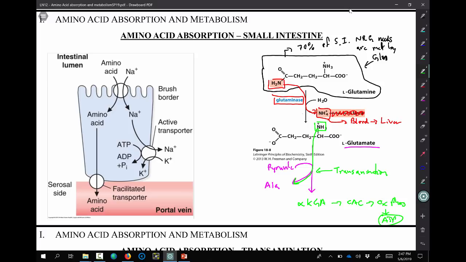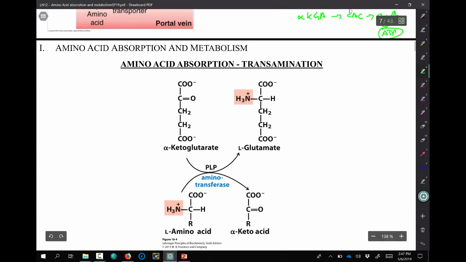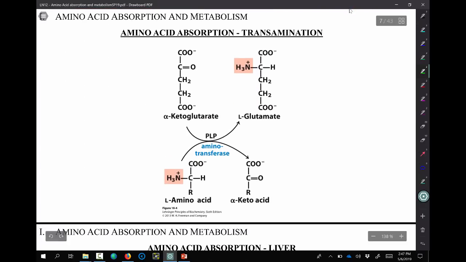Now, real quickly, transamination. I need to mention this because that's the first time we've come across transamination. We're going to come across transaminations a lot in this class. There is a host of enzymes, multiple forms of them, called aminotransferases. All of them catalyze this transamination reaction.